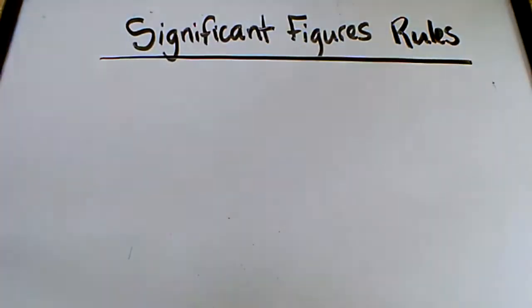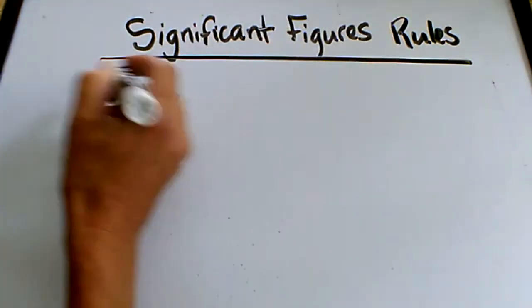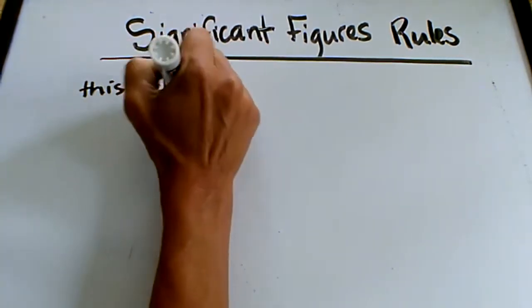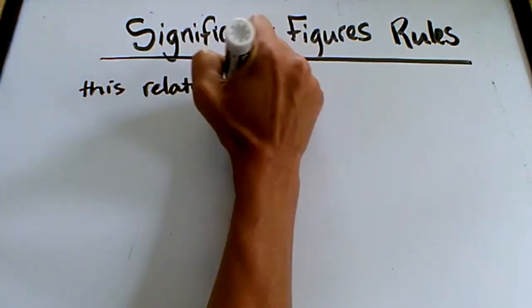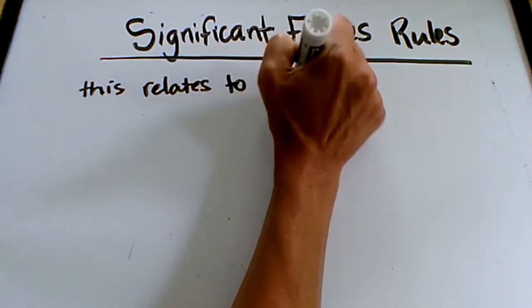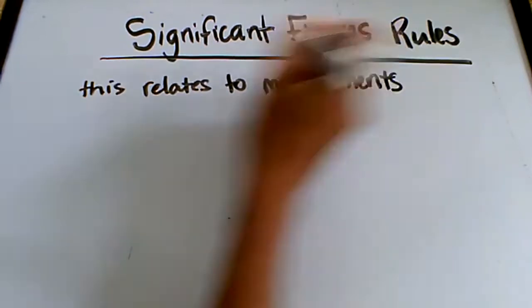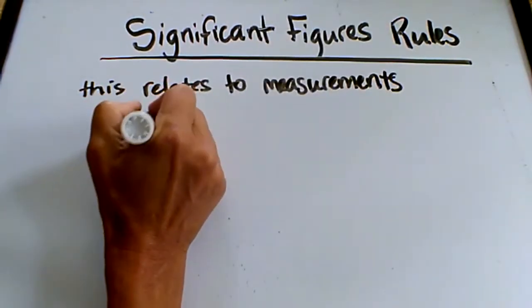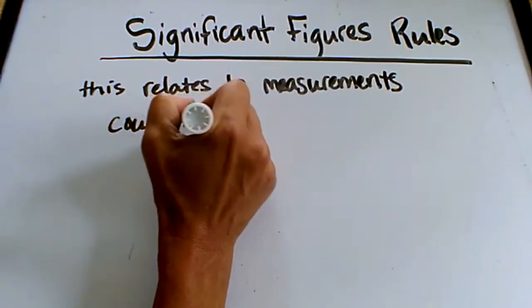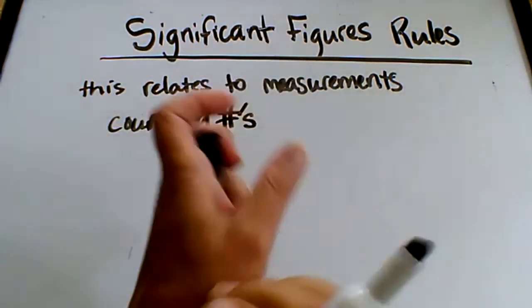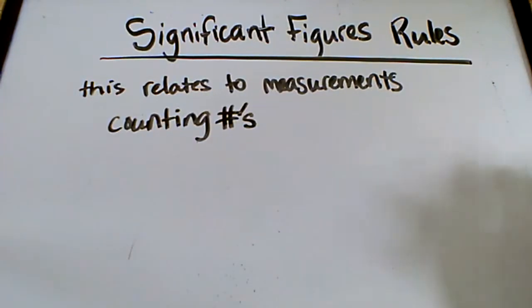Now, the first thing I'm going to say, so that I don't forget, is that this relates to measurements. That means not all numbers are measurements. Counting numbers, if I'm counting items, I'm not measuring them. I'm counting how many there are.